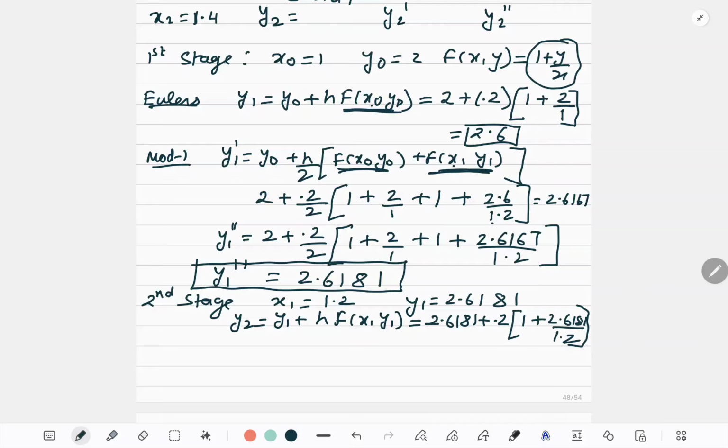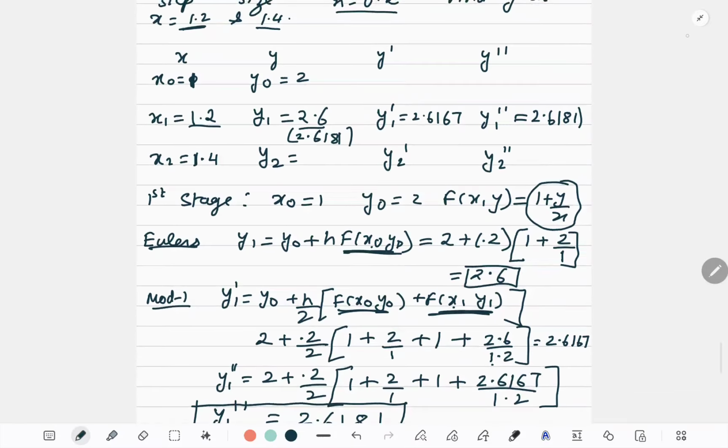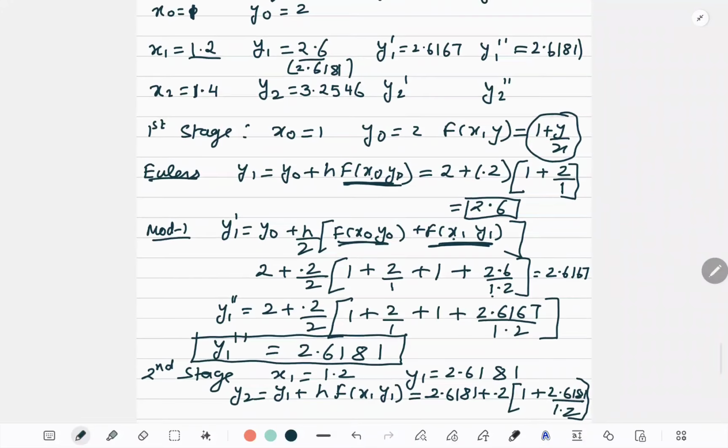Now when you solve it, use your calculator, calculate. I am getting 3.2546. Okay, but this is a raw value.